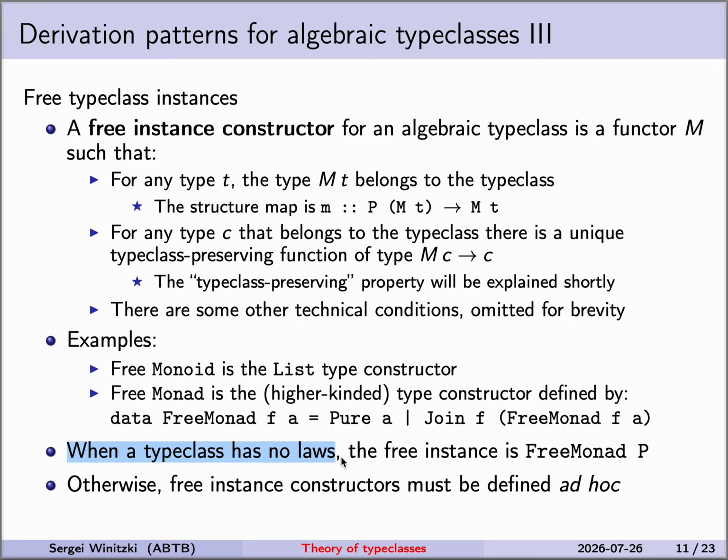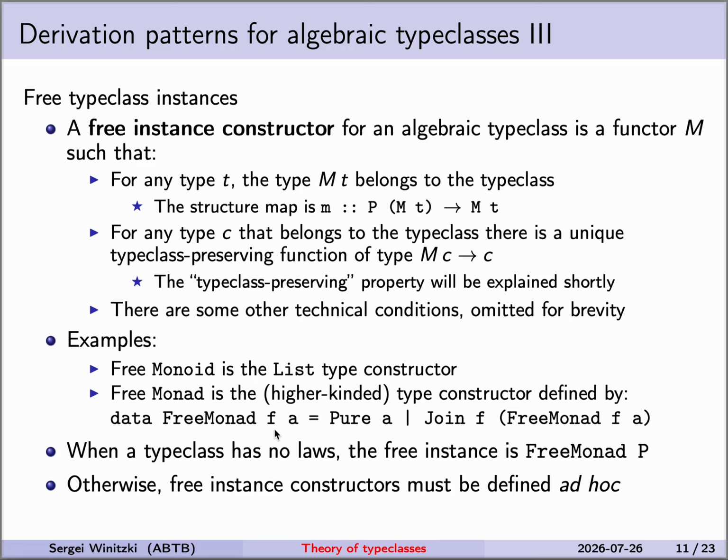So if there are no laws at all, then it actually turns out that free monad p as a type constructor is the free instance constructor for an algebraic type class with the structure functor p. I'm not going to prove that, but I will in the book.